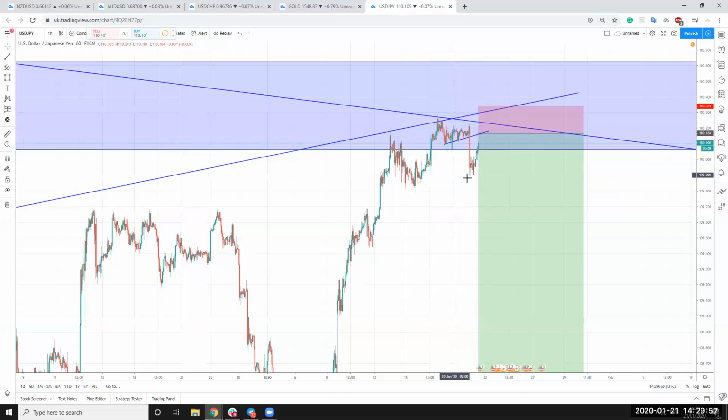It stabilized here, so it means that it picked up orders to go higher. It does not mean that it picked up orders to go lower, because if it took more sell orders here, then we would have dropped without this strong move. But yeah, once we do get to this price level, I will be watching price action, and we might sell based off price action. But for now, nothing.